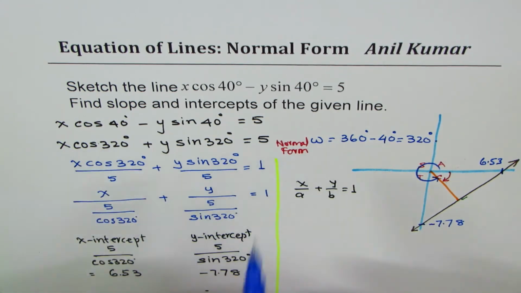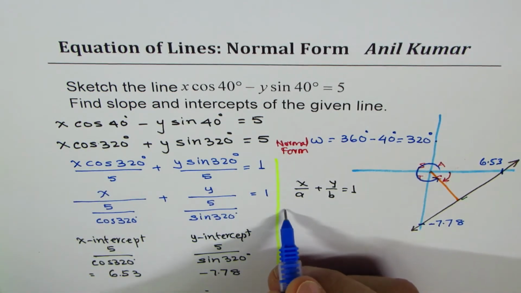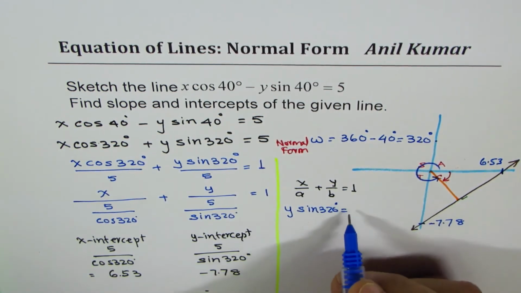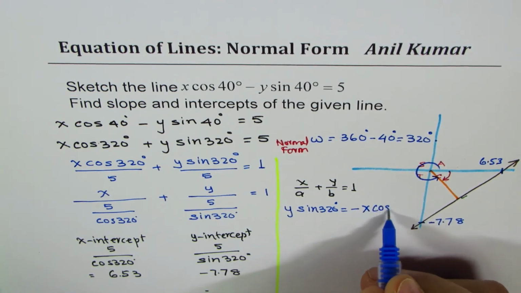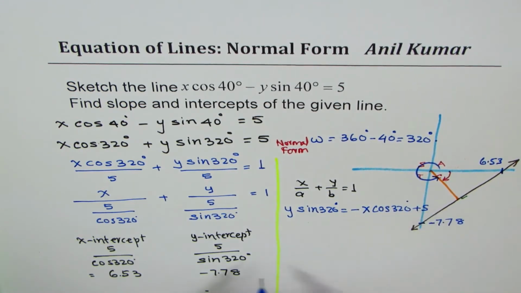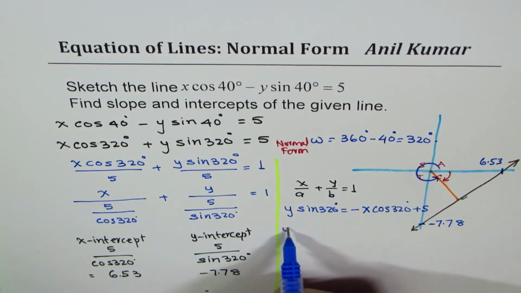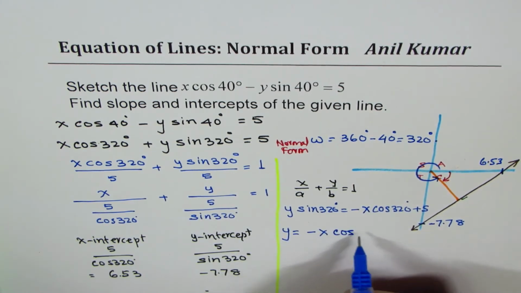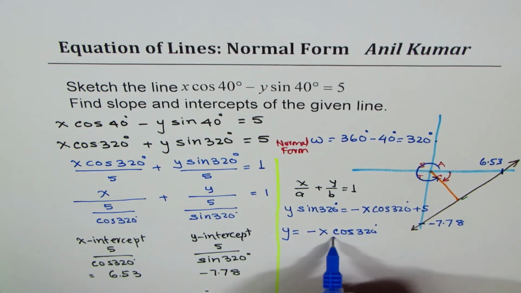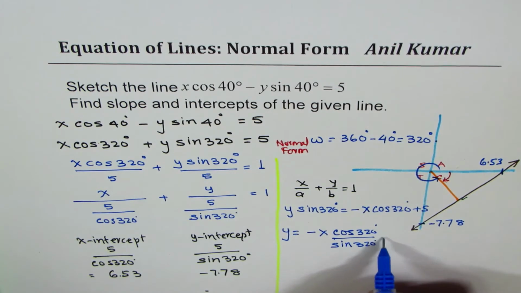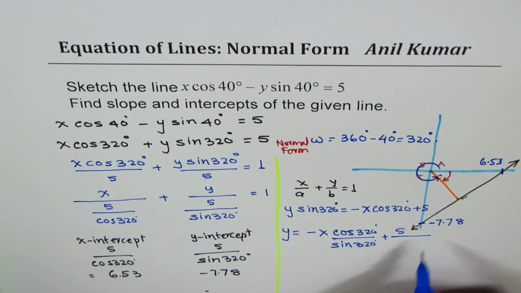If I take these terms to the right side, we get y sin 320 degrees equals minus x cos 320 degrees plus 5. Or we can write this as y equals minus x cos 320 degrees divided by sin 320 degrees plus 5 divided by sin 320 degrees.